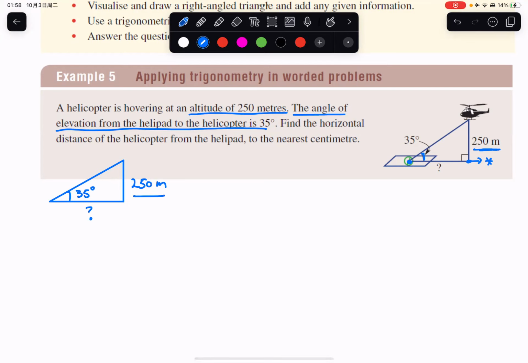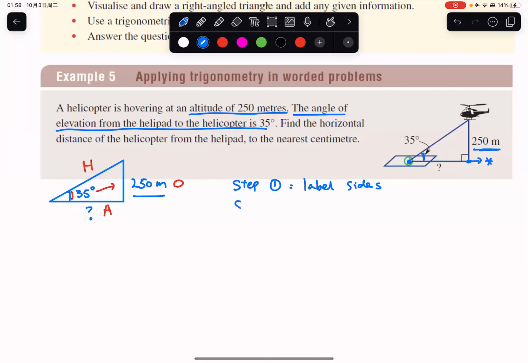We know one side length, we know the angle, and it's asking for another side. Same thing, step 1: we label the sides. That one is angle theta, so the side opposite is the opposite side, the longest one is the hypotenuse, and this one is the adjacent.